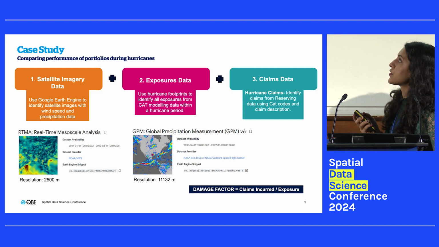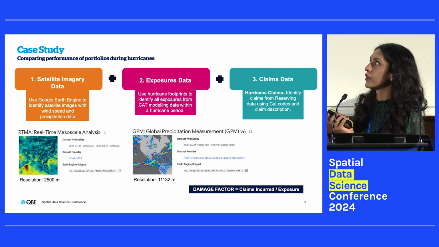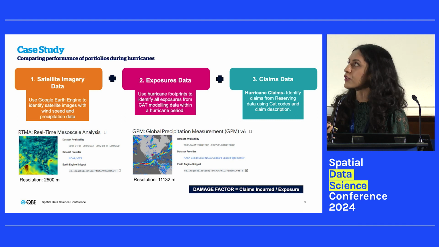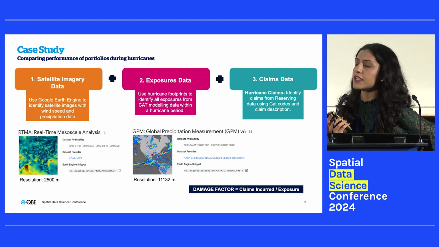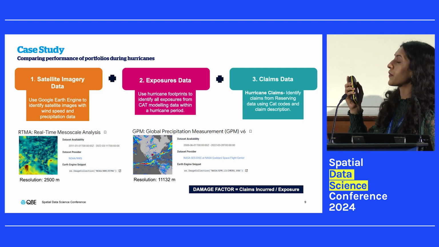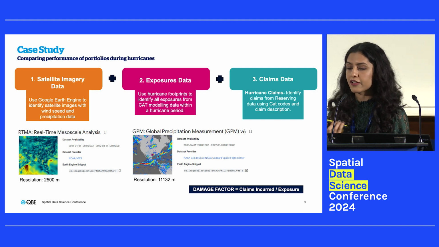So we made use of 3 different data sets here. The first one was Google Earth Engine. Eric touched on that in his presentation. Google Earth Engine hosts petabytes of data. It includes satellite imagery as well as geographical data sets. The two image collections that we used are shown here at the bottom.